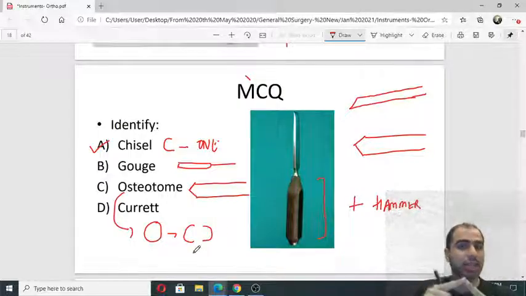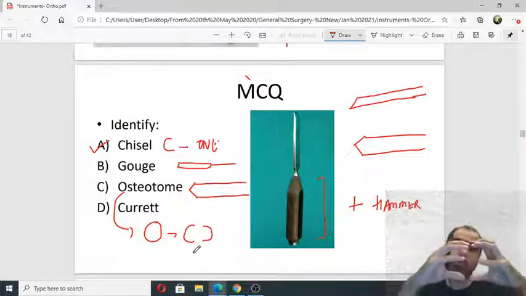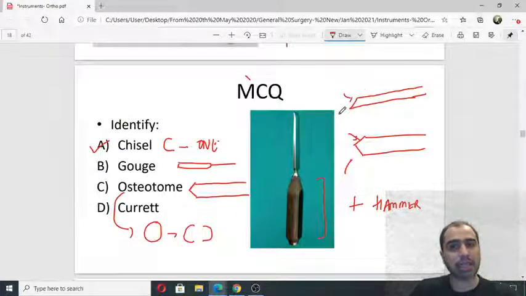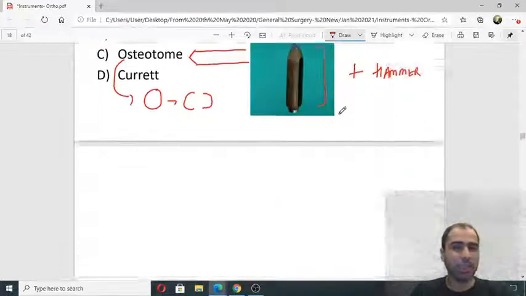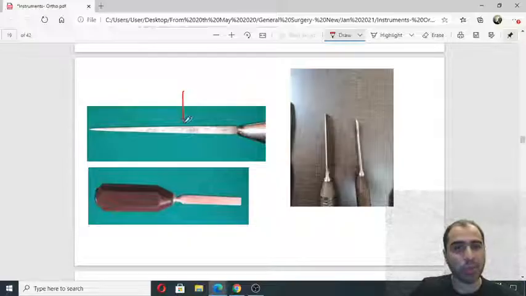So both ends are cutting. Yeah, Adinath Patil. So osteotome is O. You break the O, you have two C's, means you have two cutting edges. Chisel, single C, single edge cutting. That's how you will remember. Easy to remember. Right? Now you see over here, this is an osteotome edge.